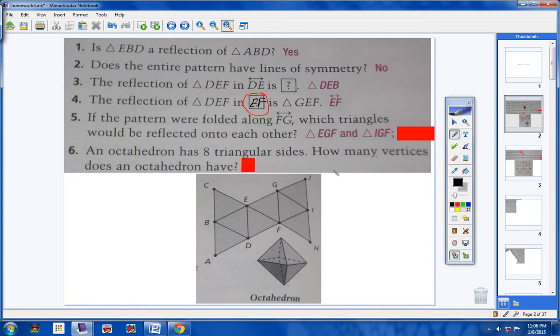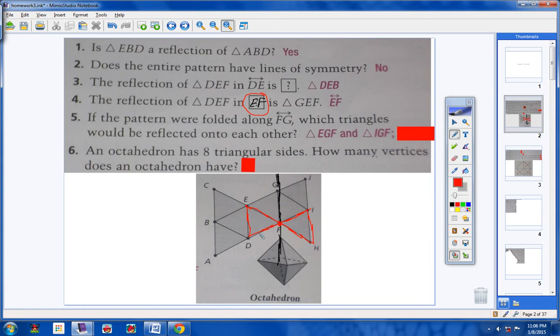If you were to fold this piece of paper right here on GF, also notice that this triangle right here would fall right on top of this triangle right here.